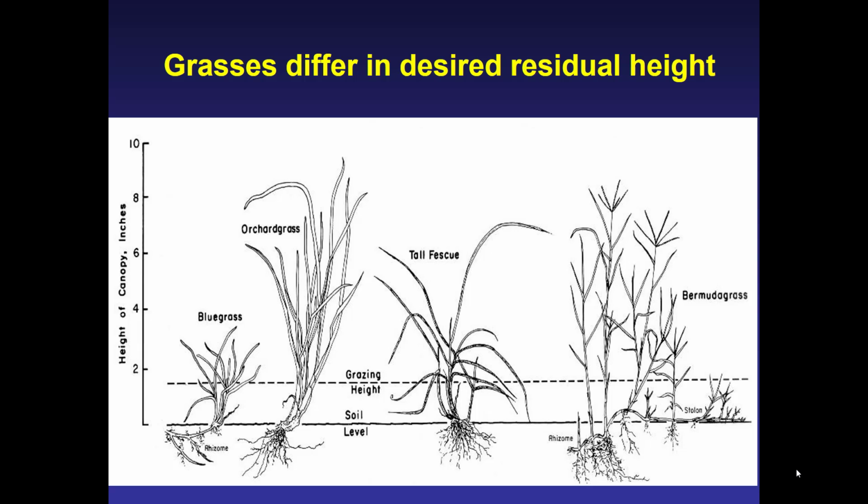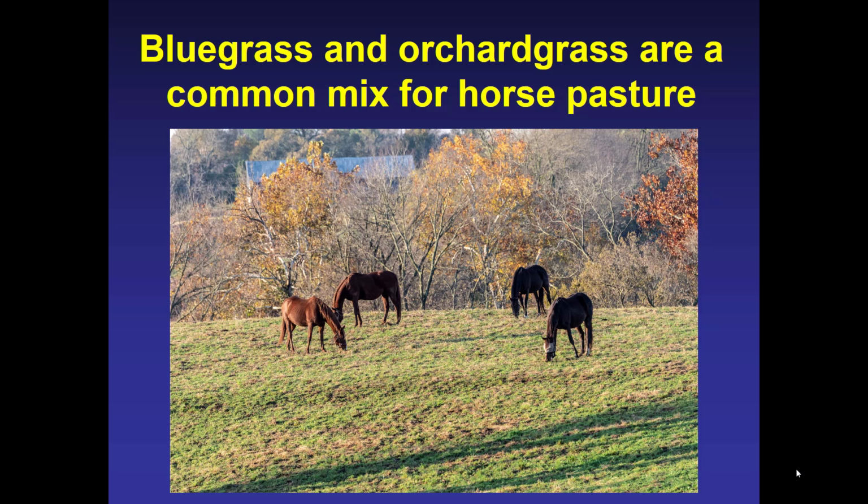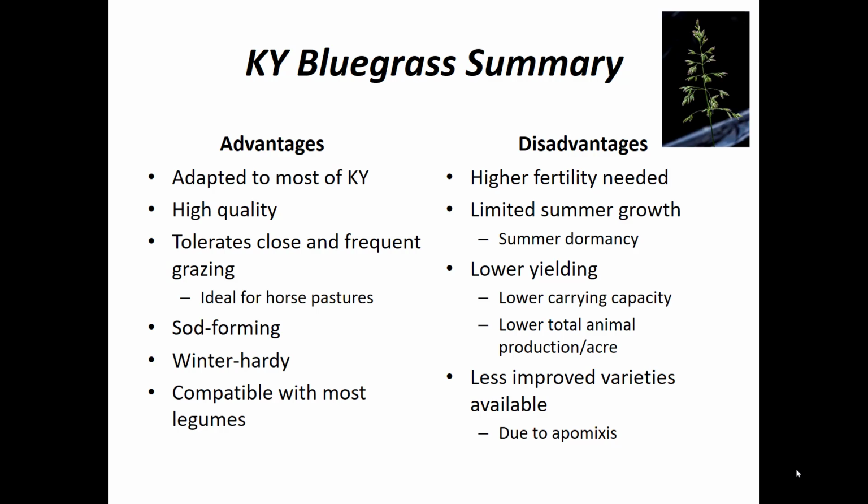And below 2 inches, you will not have any leaf area left of orchard grass and not much of tall fescue, but you'll have quite a bit of Bermuda grass and bluegrass. And as we said, bluegrass is often considered the ideal pasture for horses, and bluegrass and orchard grass are a common mixture for horse pasture.